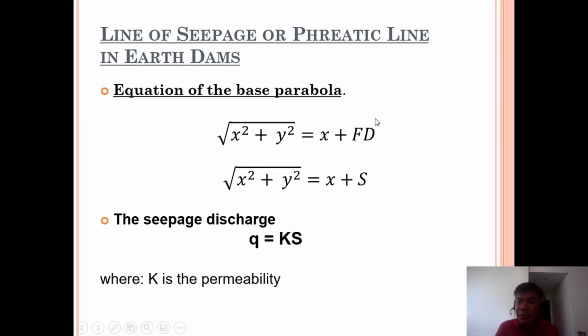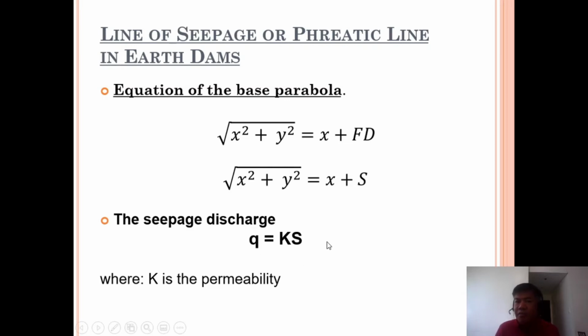If you designate FD as S, the distance from F to D, you can have this formula. Because you have the parabola, at different points you have the x and y values, so you can determine the value of S. With S known, you can substitute it in the seepage discharge.